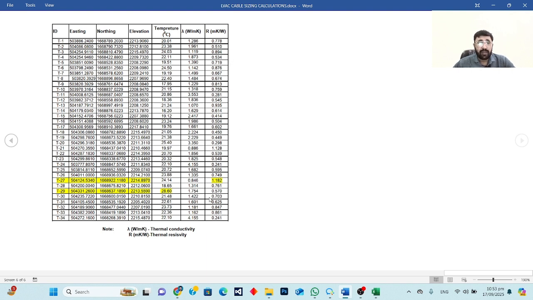And also this value, meter Kelvin per watt, is 1.1, it is the maximum, so that's why we consider it as 1.2 for the backfill. For the sand we use 1.5. These are the formulas. Then I will move on to the calculation process. I have calculated some cables on that basis.